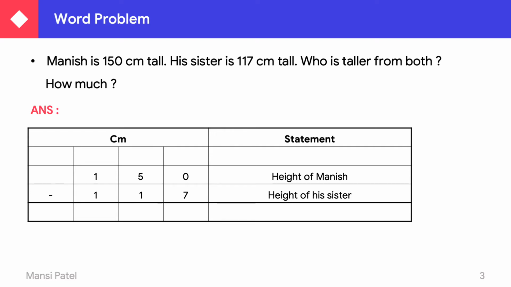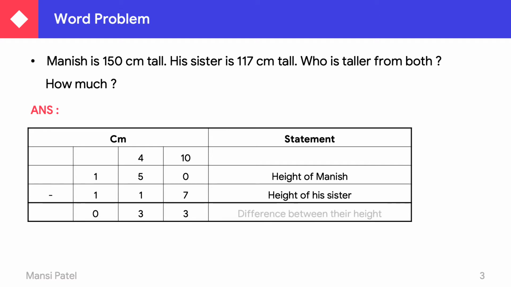Now you see here, is it possible, 0 minus 7? Not possible. So just cut 0, write down 10. Now from 5 we have to borrow, and we borrow 1, so 5 becomes 4. 10 minus 7, 3. 4 minus 1, 3, and 1 minus 1, 0.